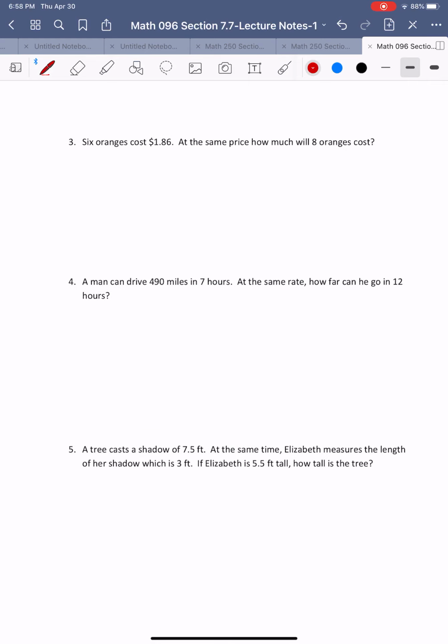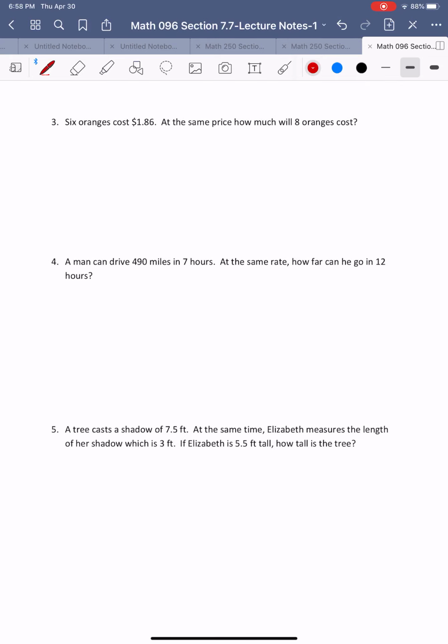All right, now we have a problem: 6 oranges cost $1.86, and at the same price, how much will 8 oranges cost?